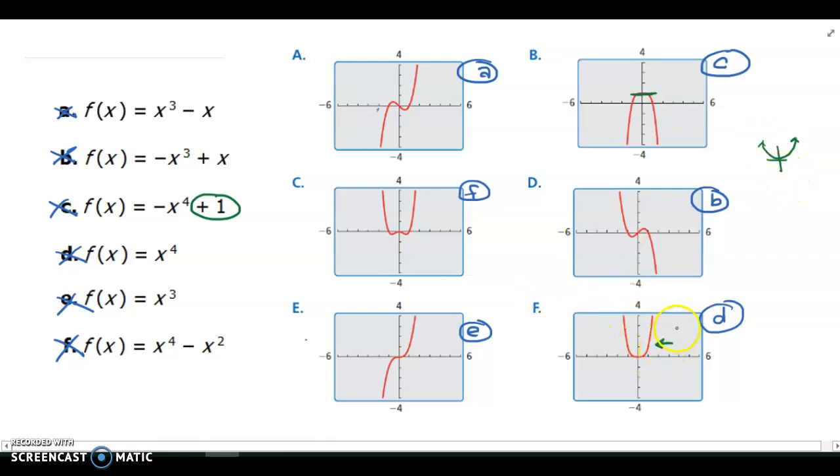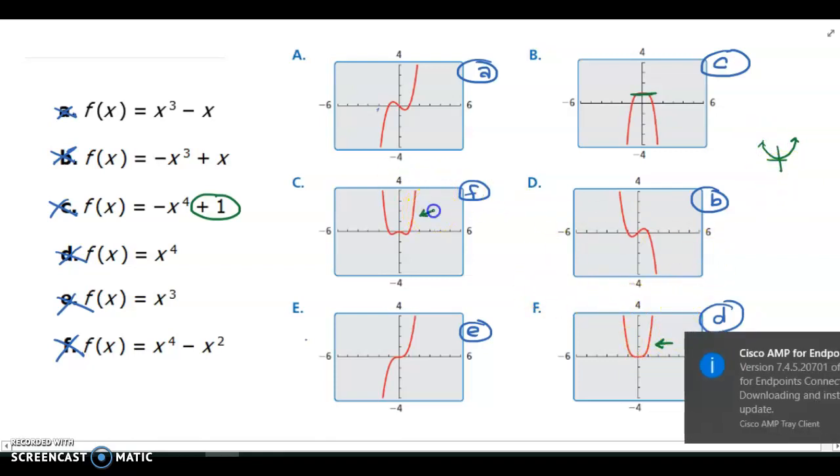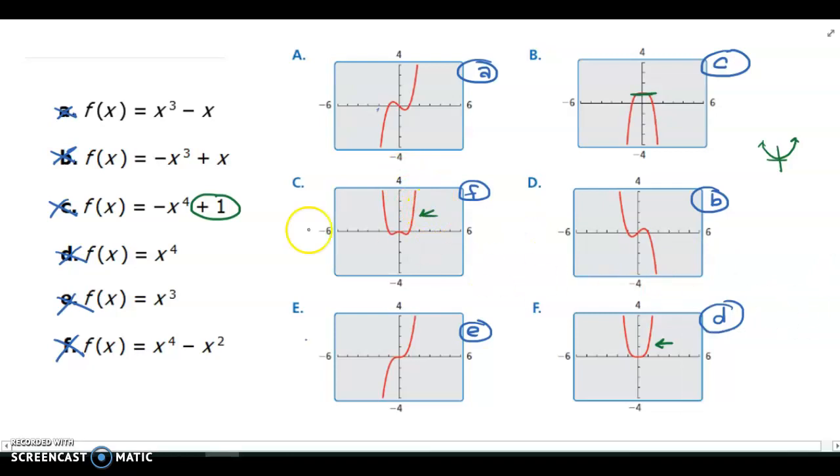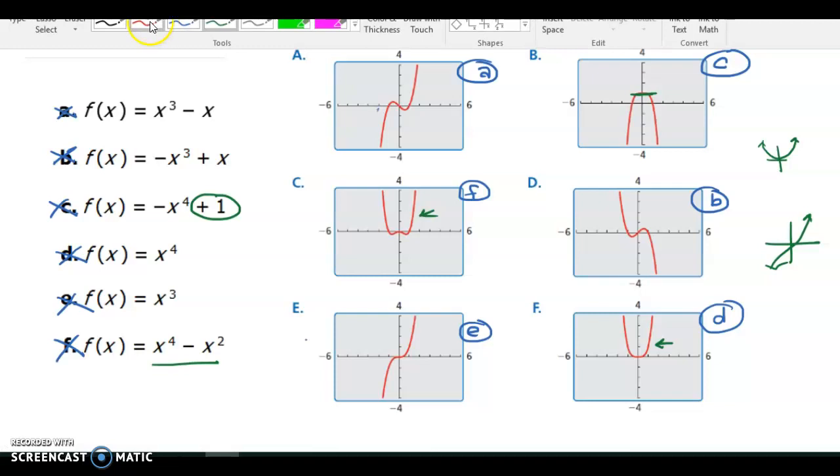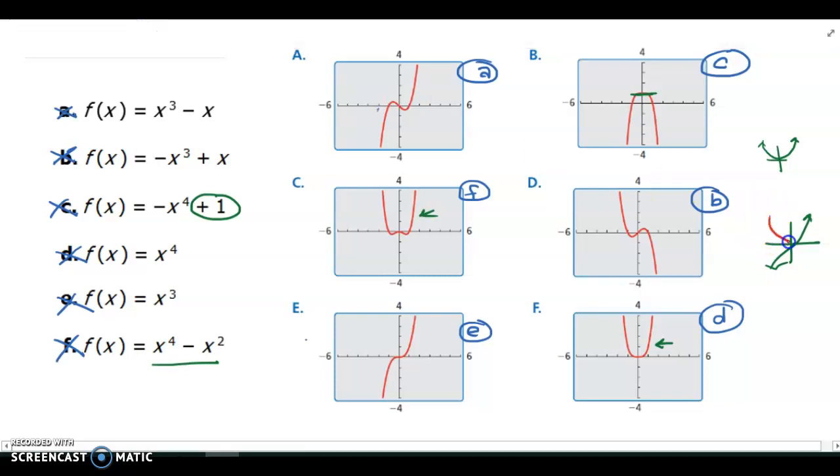So that'd be here, and then some rendition of that would be right here. Okay, you know x cubed looks like this, and then if you put a negative in front of that, so negative x cubed, it would go this way. So just by process of elimination, you should have gotten these.